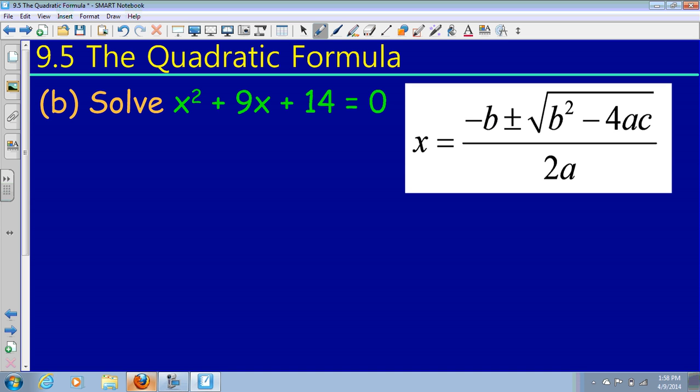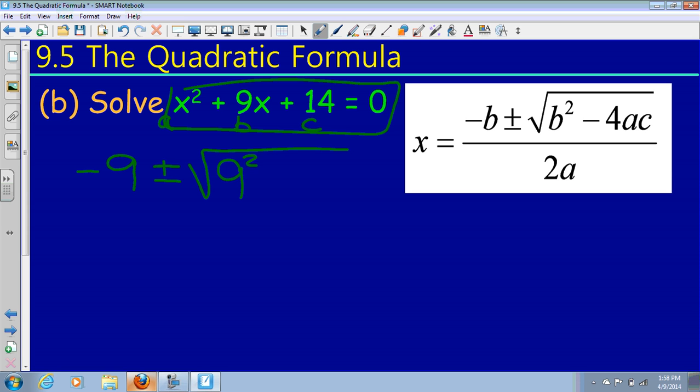So remember, when we have an equation in standard form, this is our A, this is our B, and this is our C. So basically all we're doing is substituting in and evaluating that side of the expression. So here we go. The opposite of B is the opposite of 9, so negative 9, plus or minus the square root of 9 squared minus 4 times 1 times 14 all over 2 times 1.